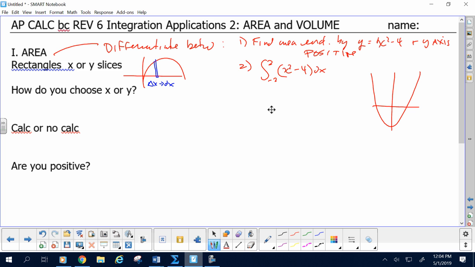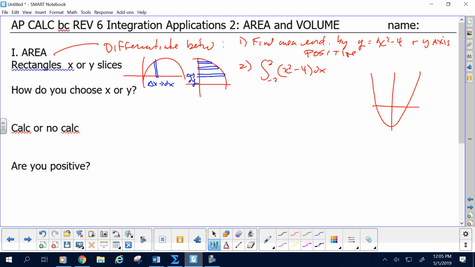If your region runs the other way, for a reason we'll talk about, then the height is the differential, so the height is delta y, and you would use dy, and y is the limits of integral, right?